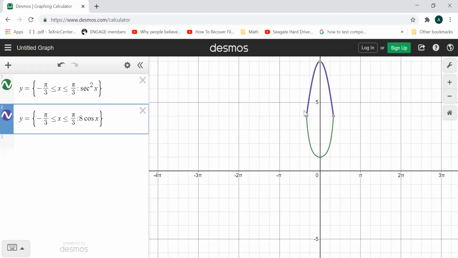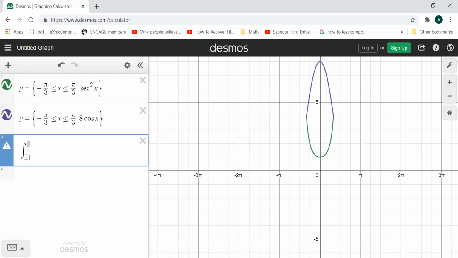This is my beautiful picture here, folks. And this is the area that I want to calculate. The one on top here is 8 cosine x, the purple one. And I can easily do this with a calculator. So I can say the integral from, and as we said, be careful here at the corners, negative pi over 3 and pi over 3 are the corners.